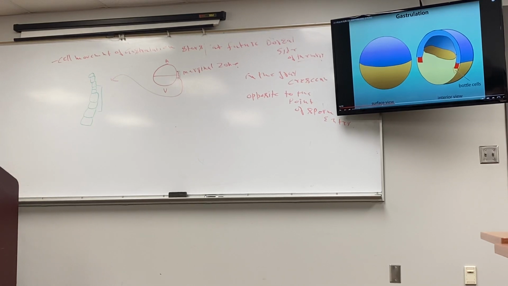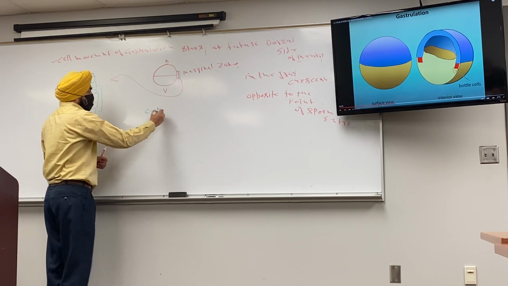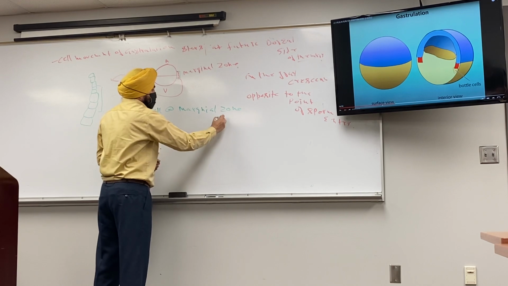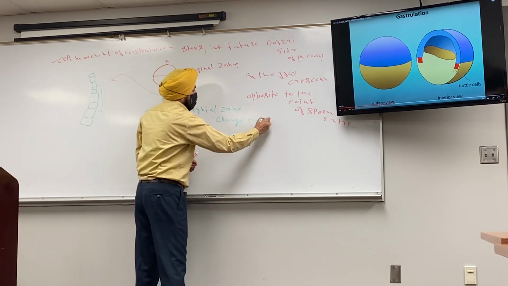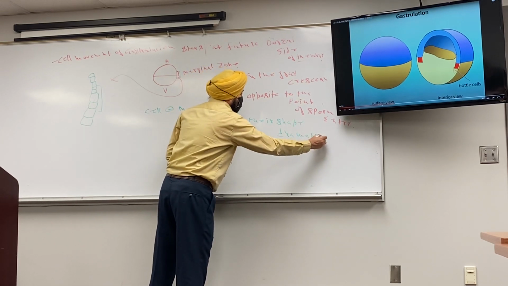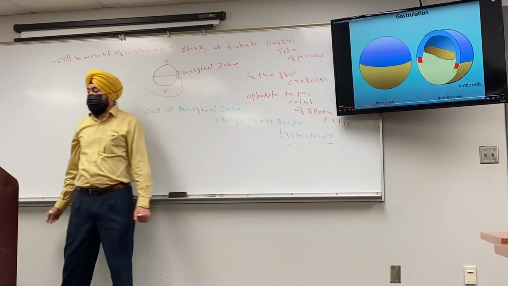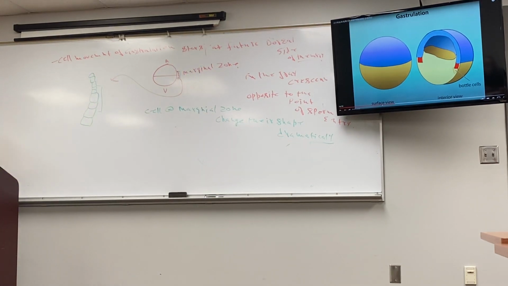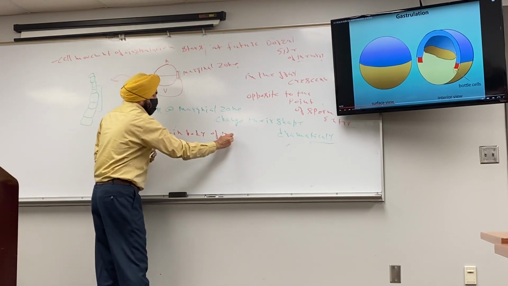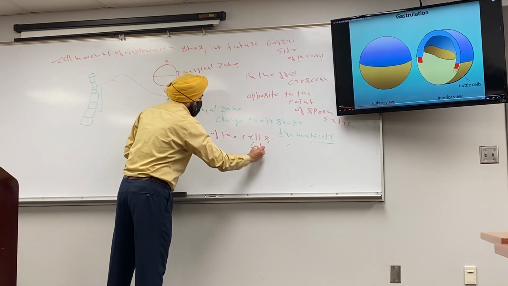So out of these cells, some of the cells in the marginal zone change their shape dramatically. The main body of the cells is displaced.